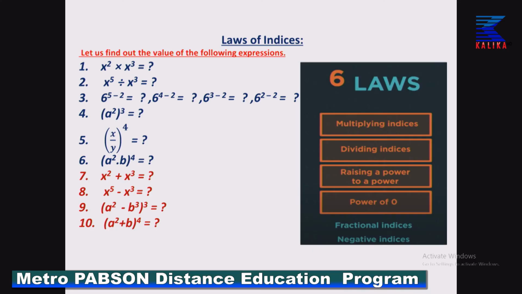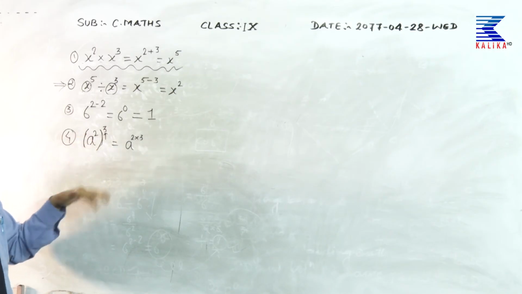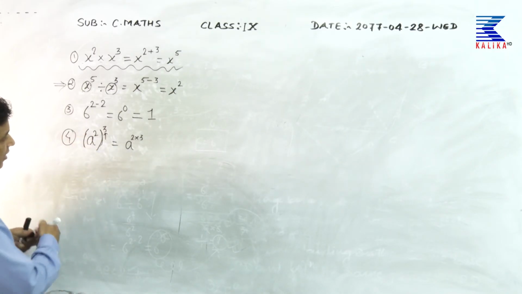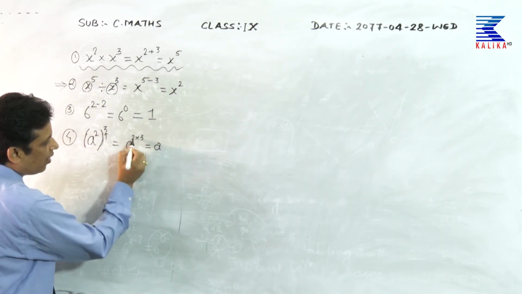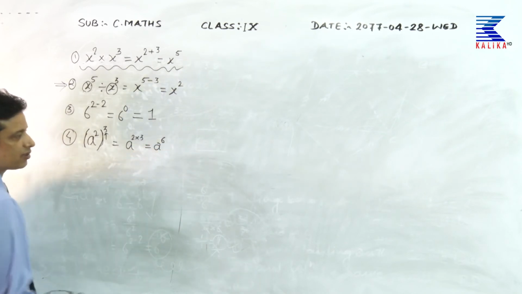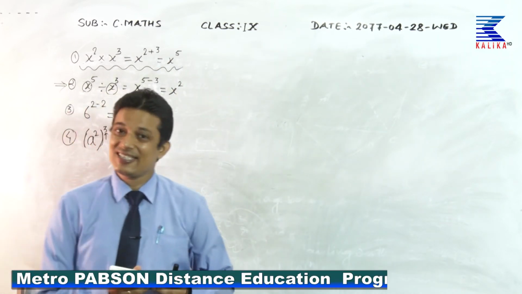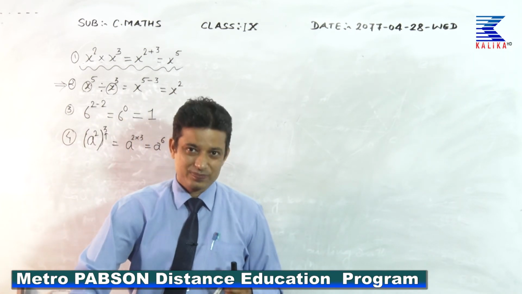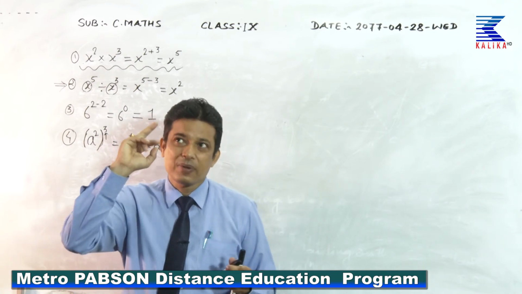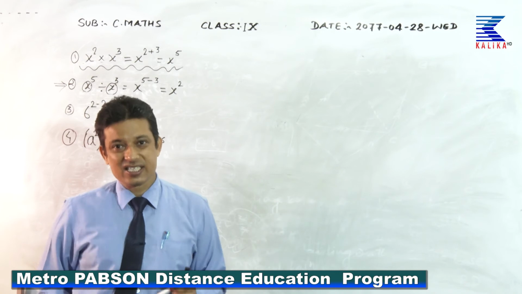Here a square whole to the power 3 is the case of power to a power. Therefore, in this case we multiply both the powers and we write the result a to the power 2 times 3 is 6. This is by the laws of indices, and this is the law for power to a power. In that case, what do we do? We multiply both the powers and we get the result.